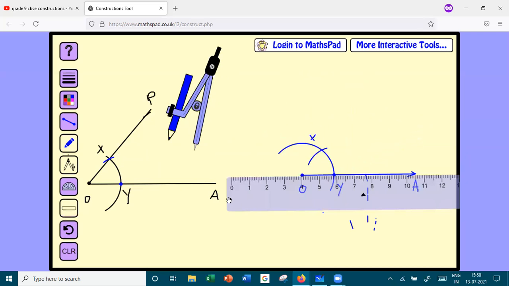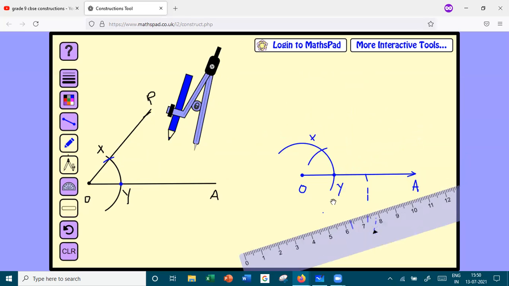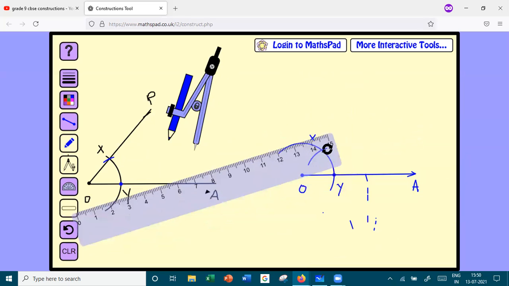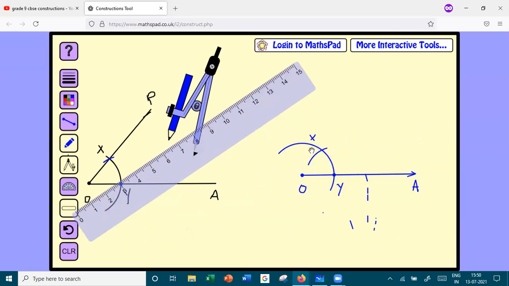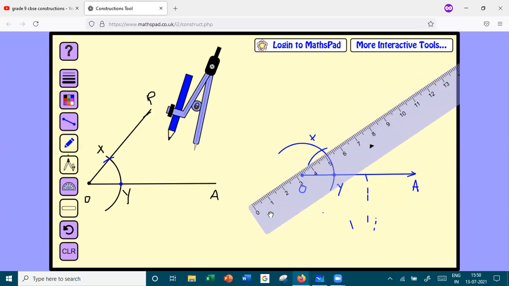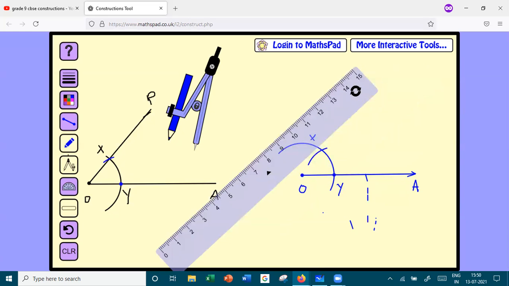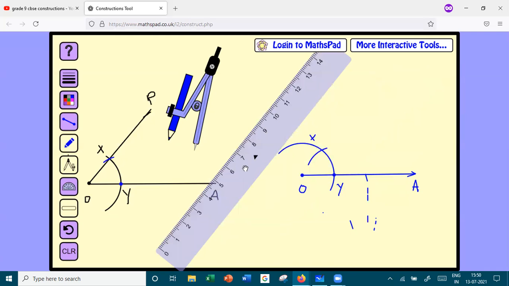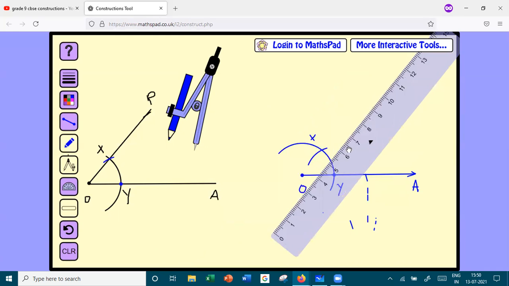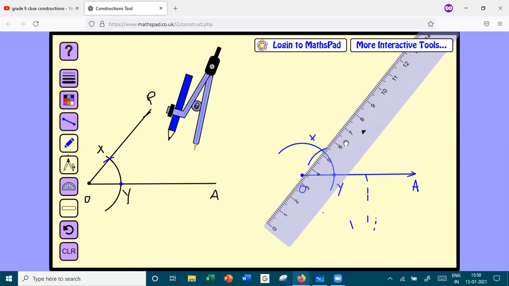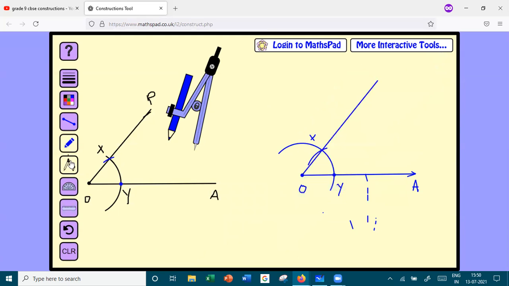Now I'll use my scale and join OX, and I have my angle. I will take my pencil and join this. Done.